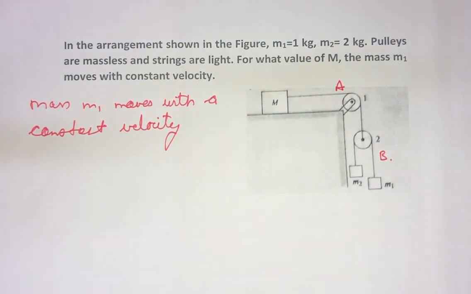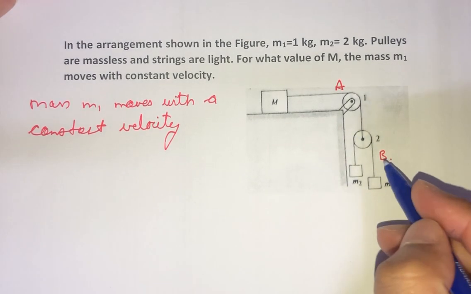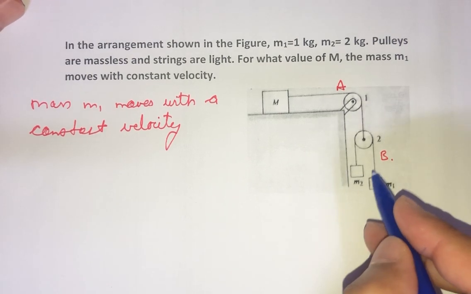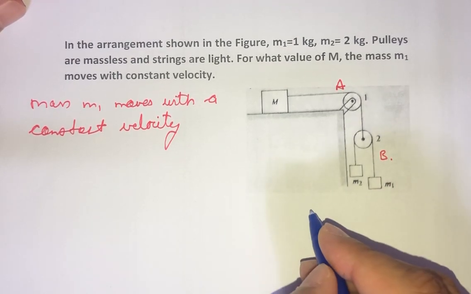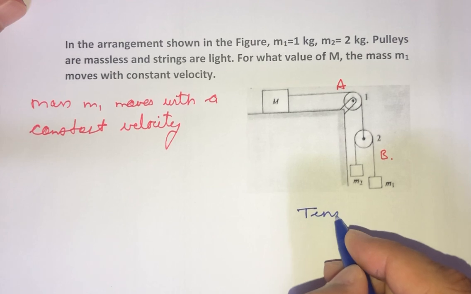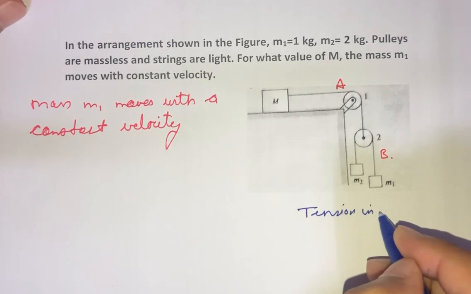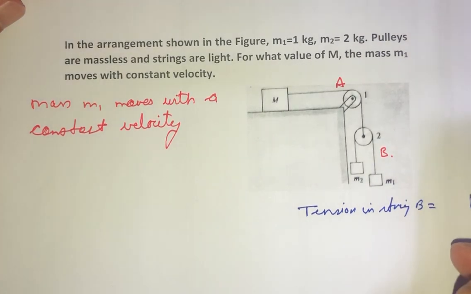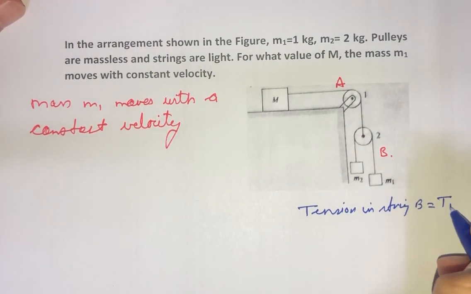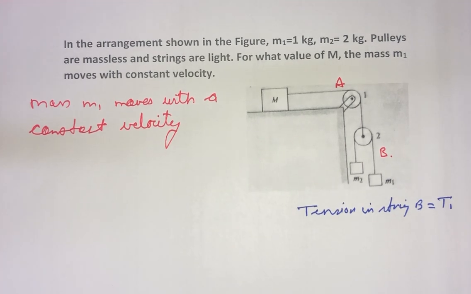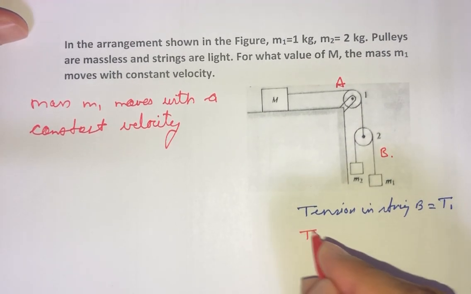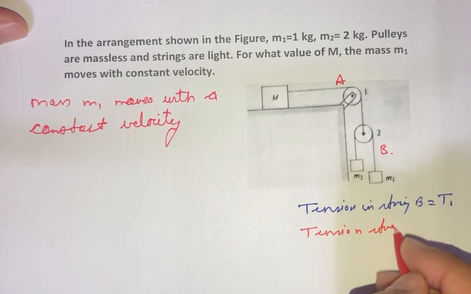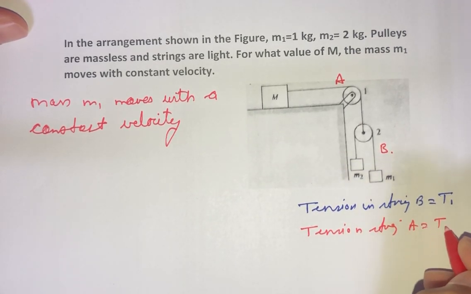Let us say that the tension in string B is T1 and the tension in string A is T2.